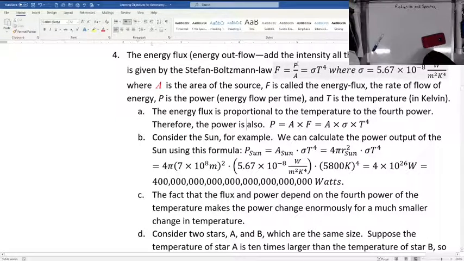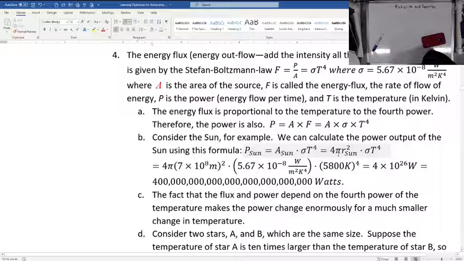The flux is the power over the area, and that's equal to sigma times temperature to the fourth, and so that means the power is equal to the area times this Greek letter sigma times the temperature to the fourth. Turns out we can evaluate this for the sun. The power emitted by the sun is the area of the sun times this constant, times the temperature of the sun to the fourth power.